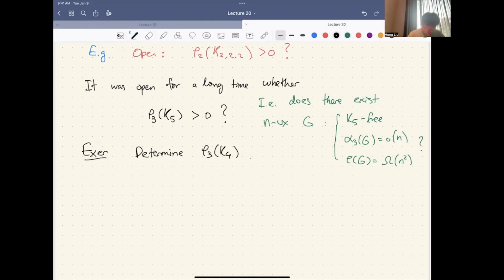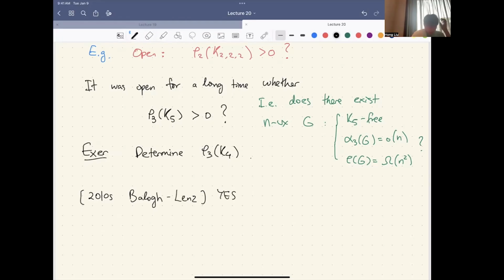Do we have such a graph? About 10 years ago, in the 2010s, I don't remember, 2014 or 2012, you need to check, Balogh and Lenz answered that yes, it is positive.